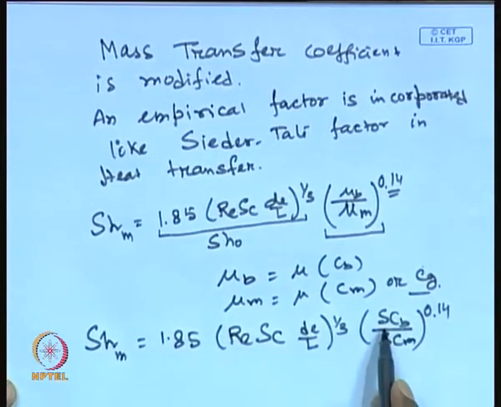So it is basically mu by rho D at bulk concentration divided by mu by rho D at membrane surface concentration or gel layer concentration.